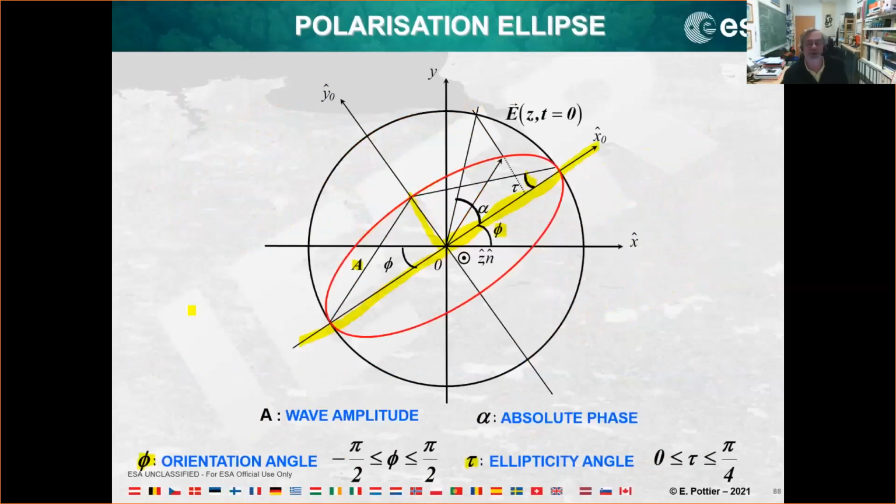Okay, so if I continue to describe from a geometrical point of view, I have introduced two angles, the orientation angle, phi, which is defined between minus 90 degrees and plus 90 degrees, and the ellipticity angle, tau, which is defined between 0 and 45 degrees.